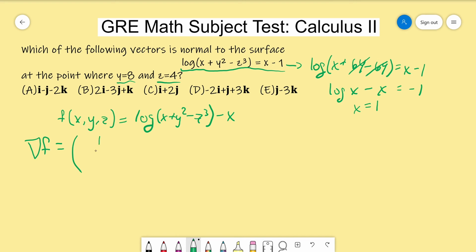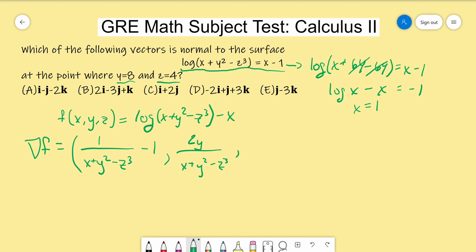So that's going to be 1 over x plus y squared minus z cubed, and minus 1. Our second element is again going to be 1 over x plus y squared minus z cubed. But we're going to have to use the chain rule and multiply by 2y. So I'm going to put 2y up here.